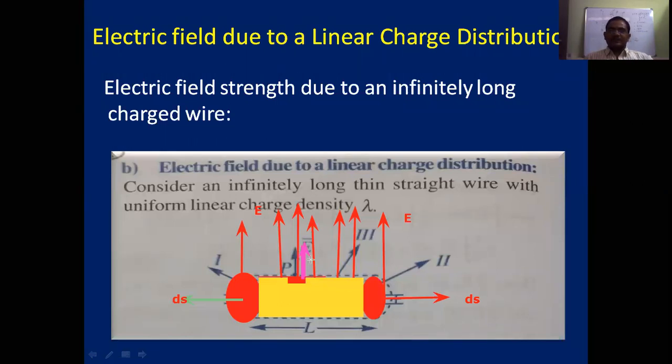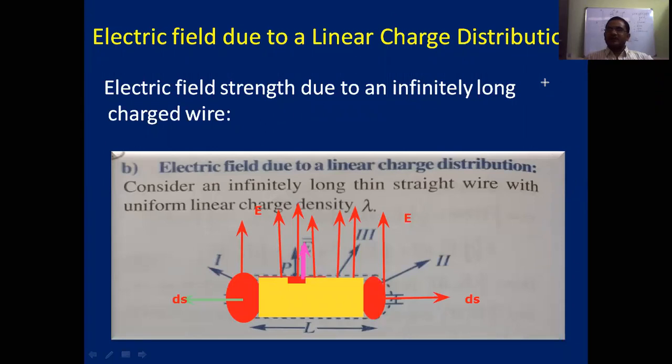Then the dot product E bar dot ds bar equals E ds cos 0, so you get E into ds. Therefore, the flux through the small area element is E ds. But we need the flux through the total curved surface, so we should integrate that. The closed integral of E bar dot ds bar gives the total flux through this curved surface region.